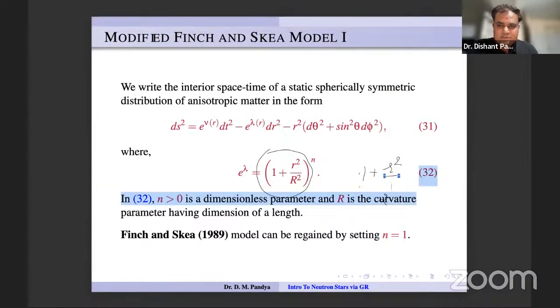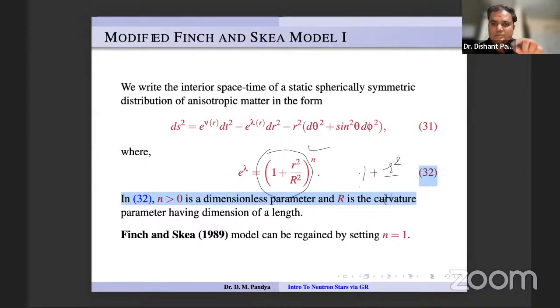Anyway, so 1 plus r square over R square. Now, in my research, I basically tried to generalize this power, and then let us see what happens when we consider the most general power n. Obviously, this n is nothing but a dimensionless parameter, and R is the curvature parameter. Once I have made the computation, I need to first of all cross-check whether I am correct or not.